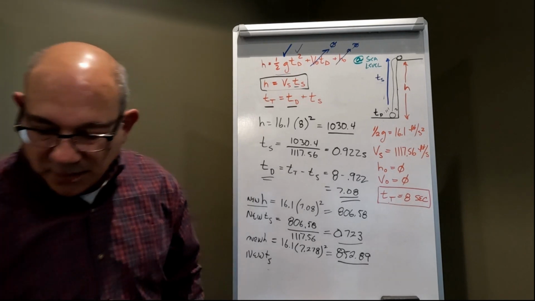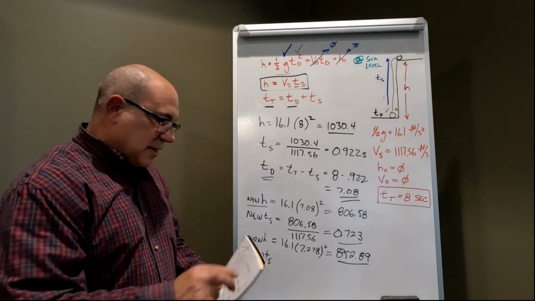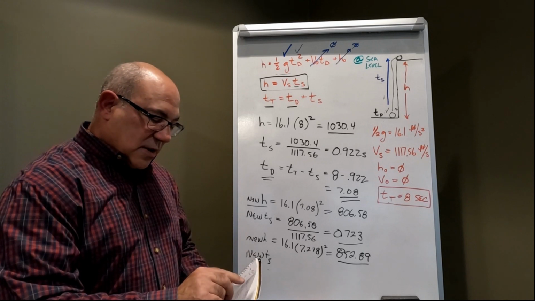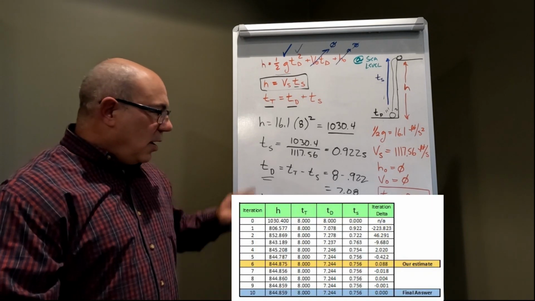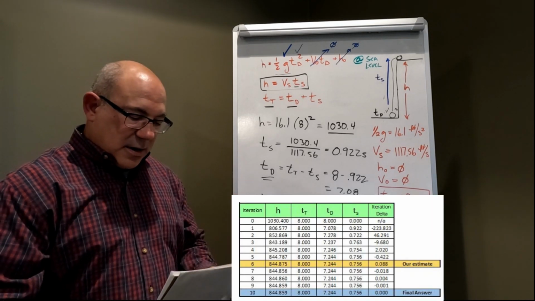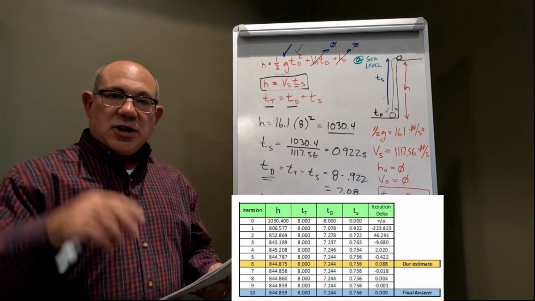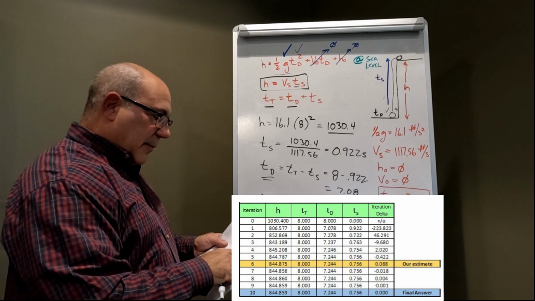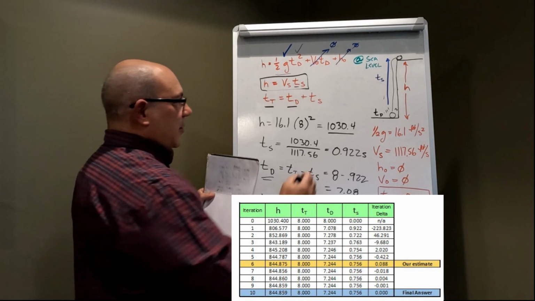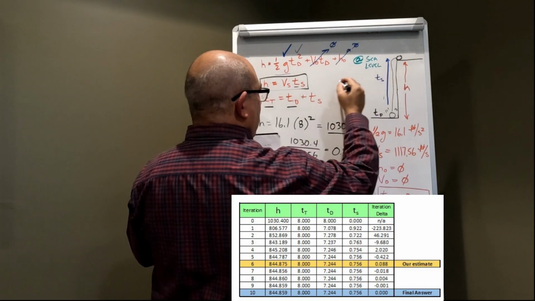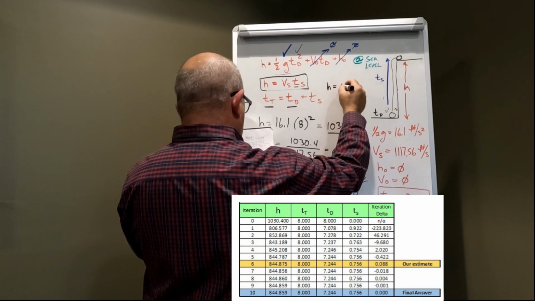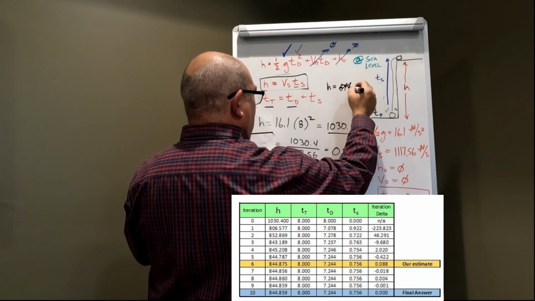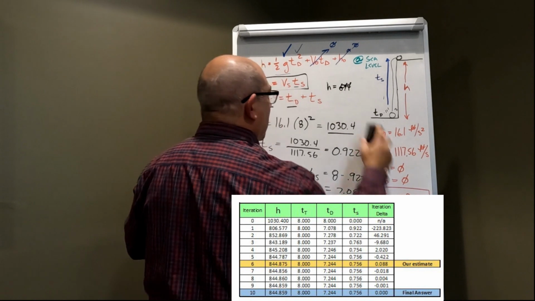I did the calculation about 6 times, and you can see from the graphic that's up there how the iteration zeroed in to the point where we got to 844.